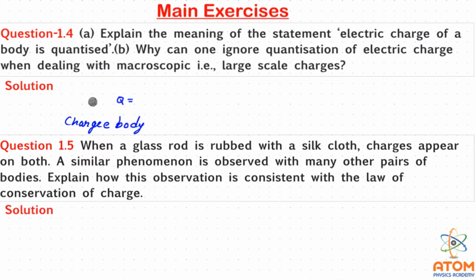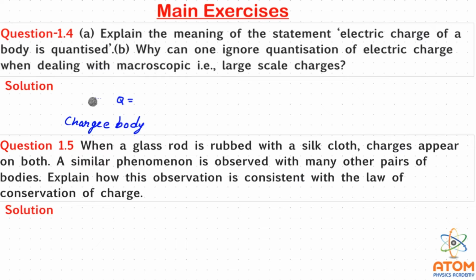Now see this. Suppose every particle I have shown is, let us say, a proton. Then obviously every proton has a charge E. When you take the total charge, we know that E is equal to 1.6 into 10 raised to minus 19 coulomb, the amount of charge of one proton, and even of one electron.